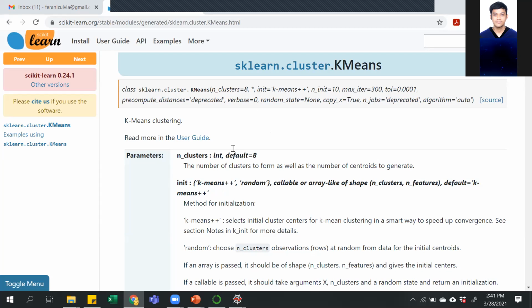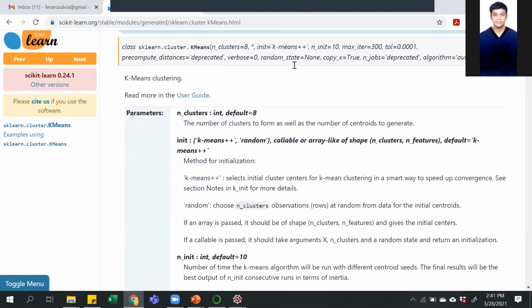It means that we want the algorithm to do the initialization. We know that the basic one is the initial centroid. If we don't set this parameter, then our k-means program will choose random initial centroids.